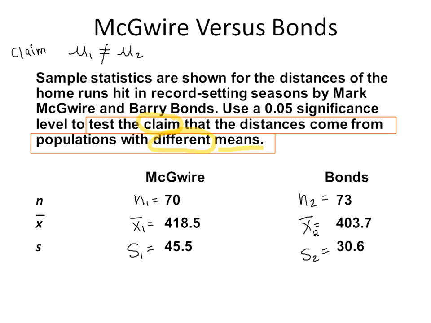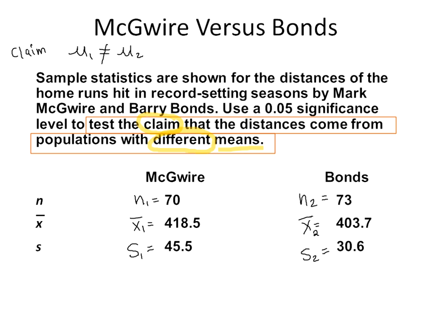What measurement would you be looking for? All right, the smaller standard deviation, right? The smaller standard deviation means there's less variability. So more consistent is Barry Bonds.